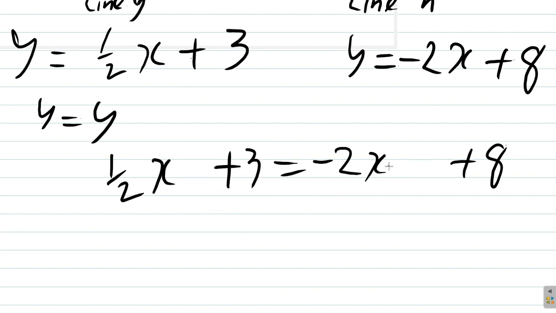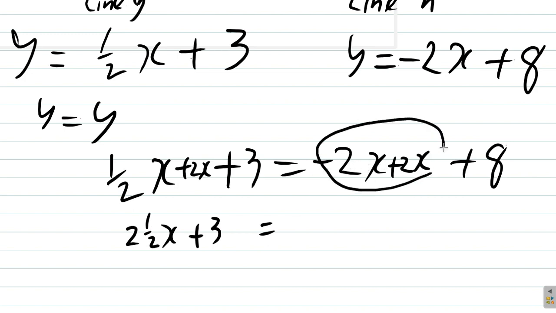So we say plus 2x on the right and plus 2x on the left. Half of x plus 2x is 2.5x. So it's 2.5x plus 3 equals, well, you can see here that negative 2x plus 2x is 0. That's gone. So all you have left is 8.